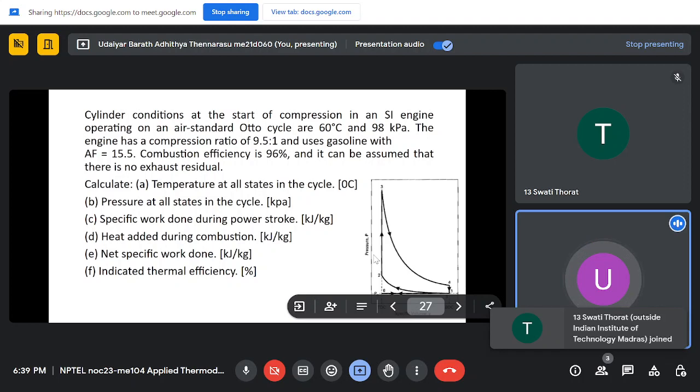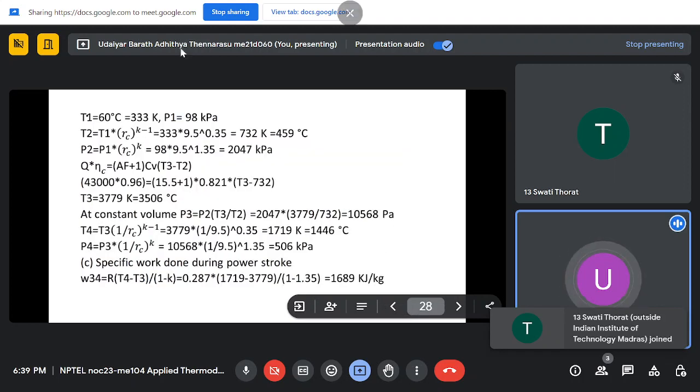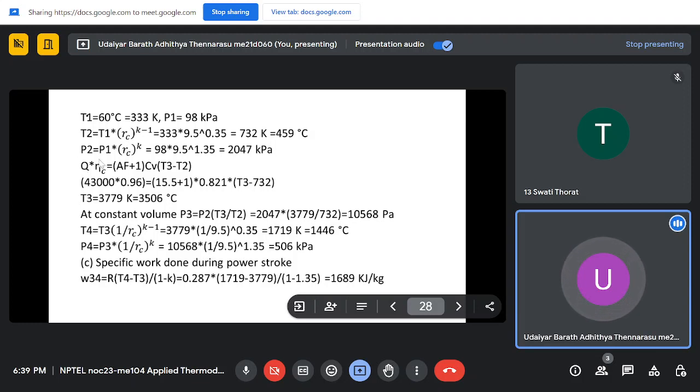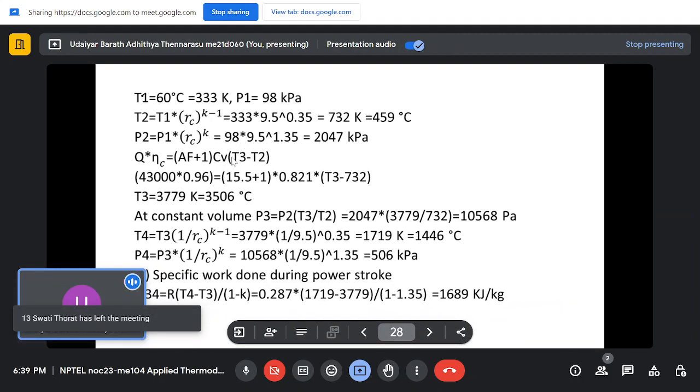So that is the process 2-3 where heat is added. So heat added is m dot F into the calorific value of fuel into combustion efficiency. So that is the amount of Q which will be added, which will be equal to m dot F plus m dot A, the total mass of the fuel and air combination, into CV into delta T.